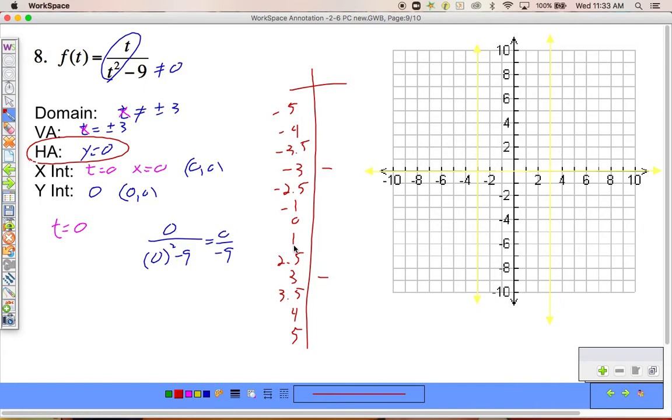Now I'm going to start plugging in the values. Negative 5 is negative 0.3125. Negative 4, negative 0.5714. Let me make sure I'm doing this right. x divided by x squared minus 9, all right. Negative 3.5. We're getting a whole bunch of decimals, which is fine.